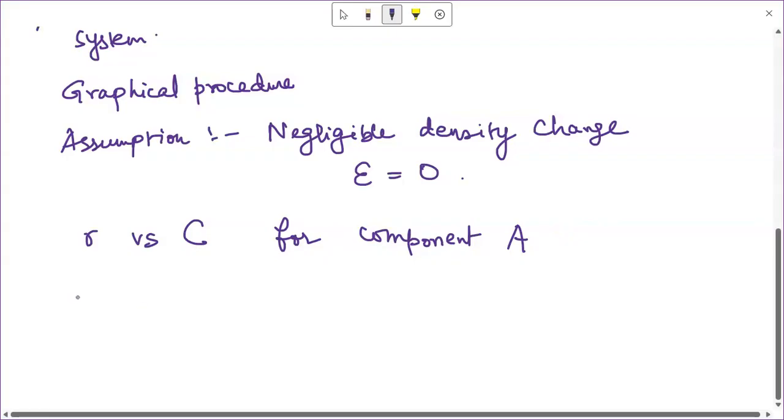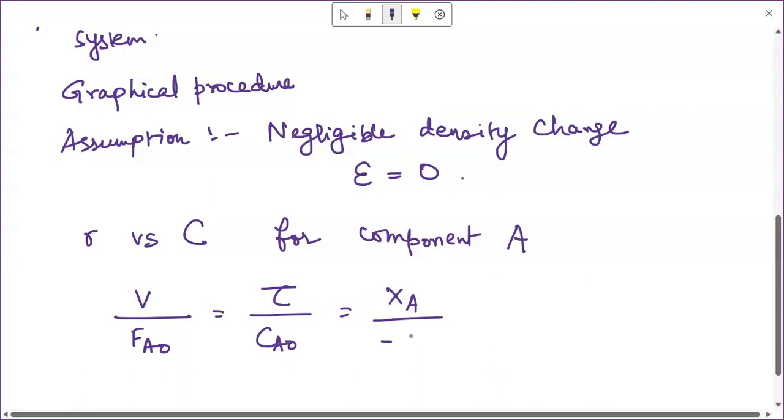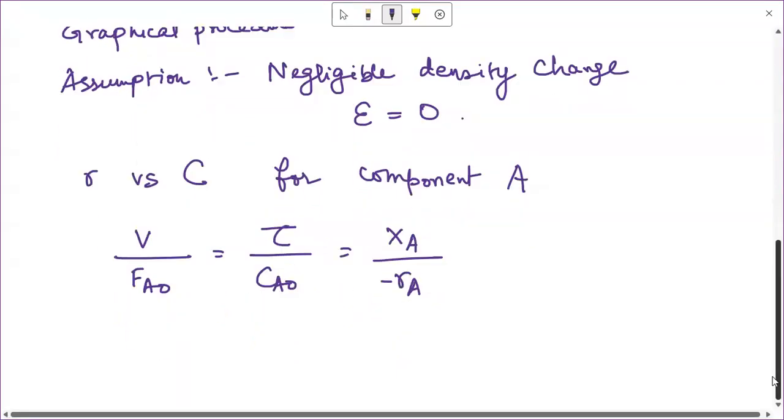Previously, when I spoke about mixed flow reactors in my other videos, I already wrote down the design equations. The design equation is V by Fa0 equals tau by Ca0 equals Xa by minus Ra. Here V is the volume of the reactor, Fa0 is the molar flow rate of A at the initial state, tau is the space time, Ca0 is the initial concentration, Xa is the conversion and minus Ra is the rate expression.